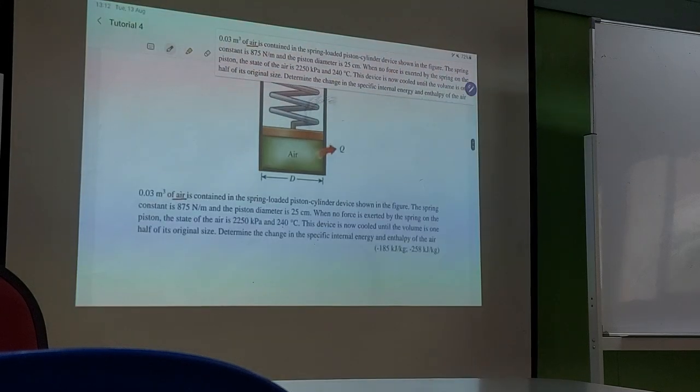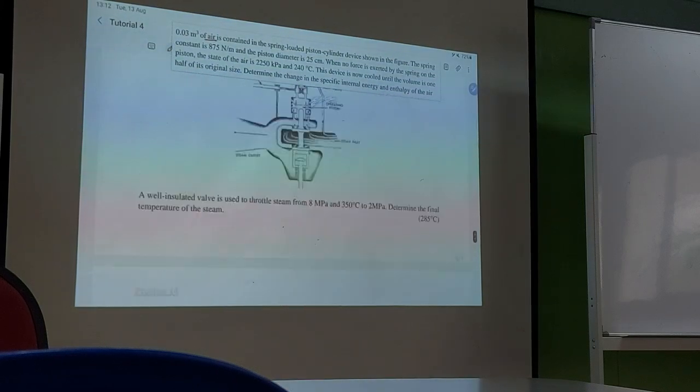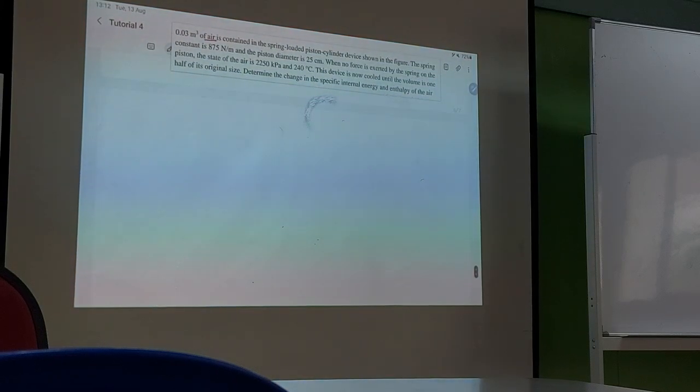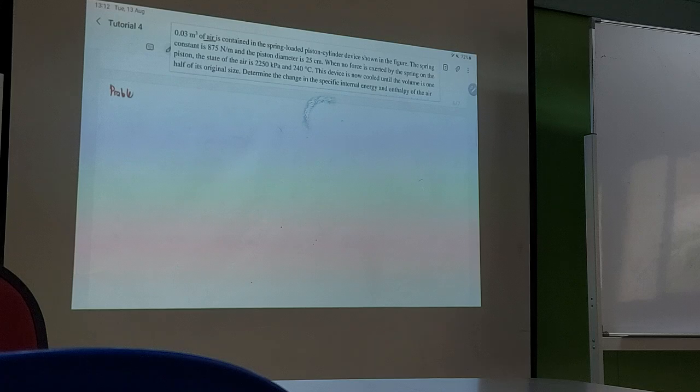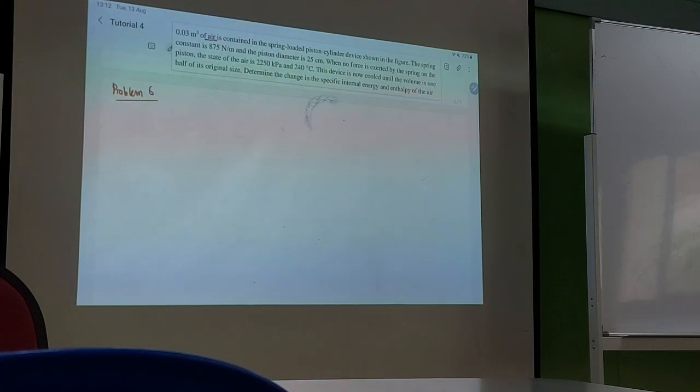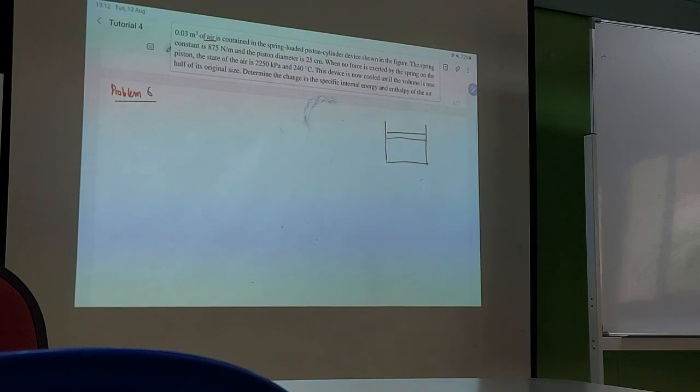Problem 6. Okay, so this question, you are given a piston cylinder device with spring. Okay, so the question says spring.